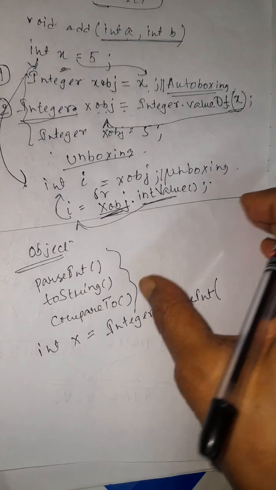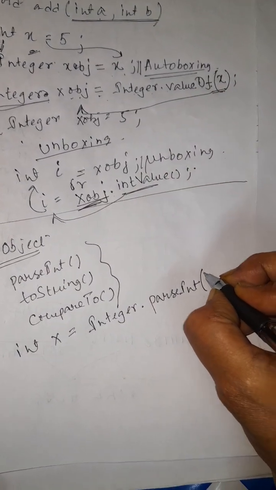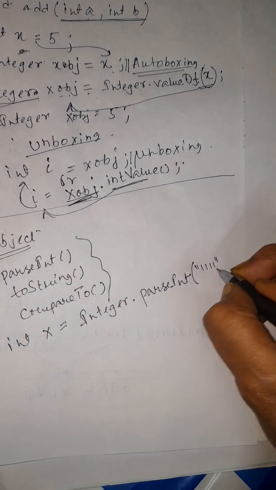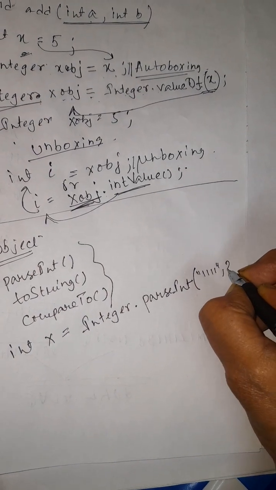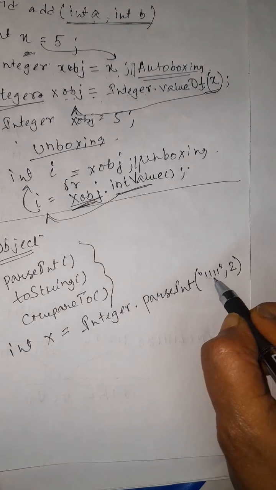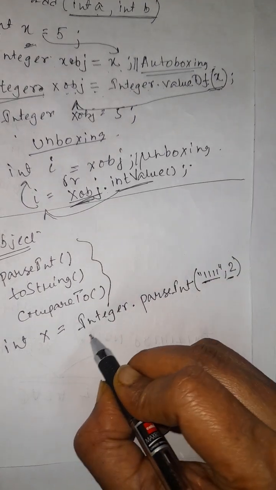If you convert any string type of value, maybe 1111, four ones, comma radix of the number, maybe 2, you are converting it into a binary number.